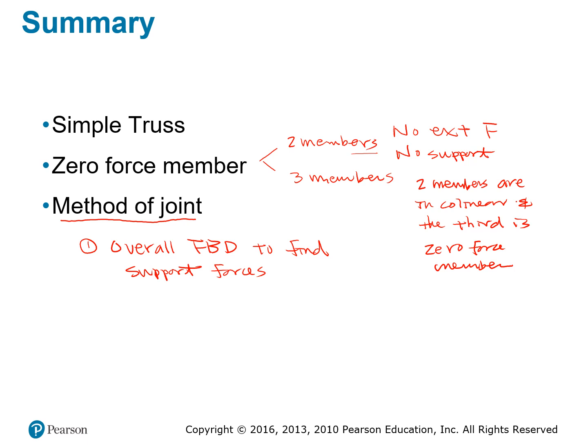You first find the supporting forces, and then you choose a joint and solve the member force until you solve the complete solution. So we're going to see you in the next video, and in the next video we're going to talk about the other method, which is the method of sections.